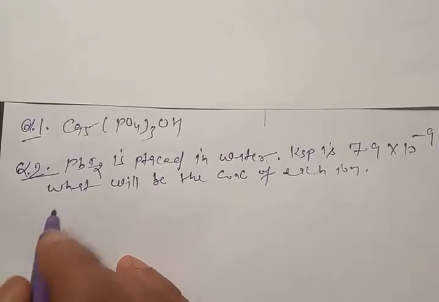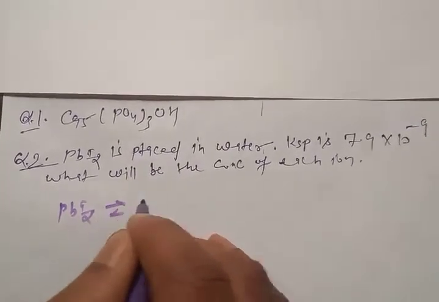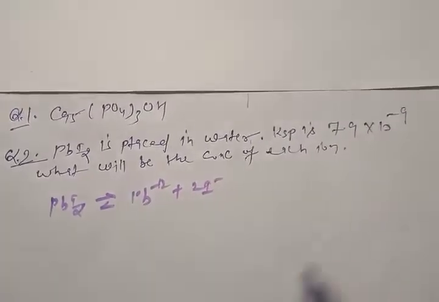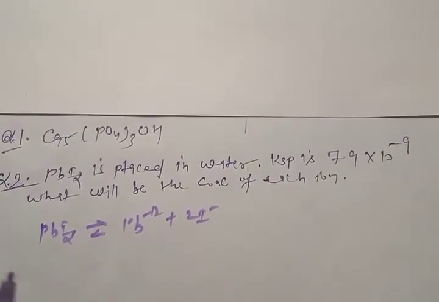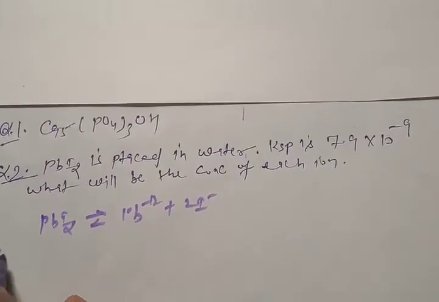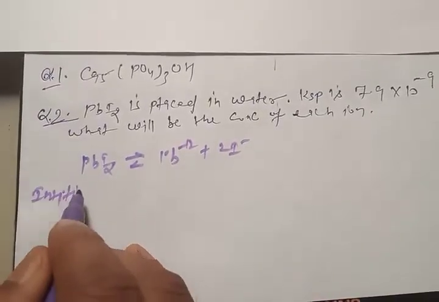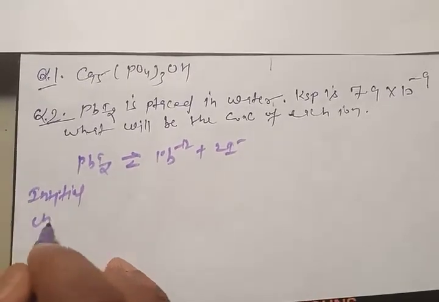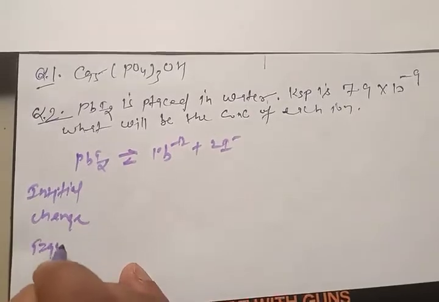If you go for the PbI2, this will give you Pb plus 2 and 2I. Okay, you have to find out the concentration of each ion. Now I'll go for the initial value, then the change, what change occurs, and then the equilibrium.